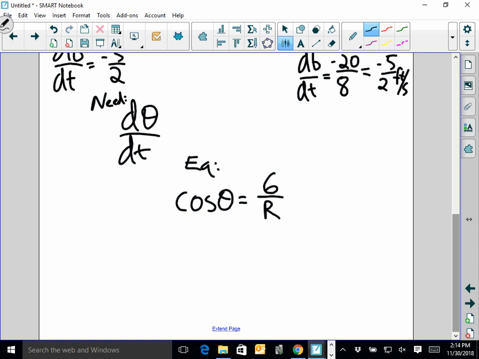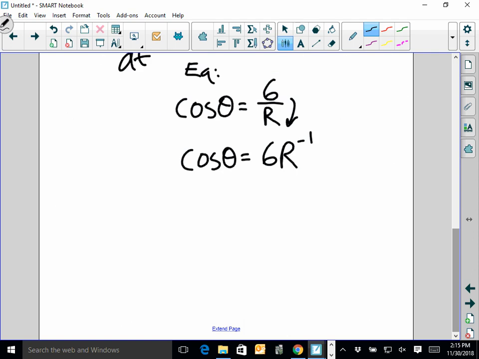Before I do a derivative, I'm going to write this. This flips to this. Makes it way easier. Now it's an ax to the n form. I don't have to do a quotient rule. You can still do a quotient rule if you want. This just makes it a lot easier. So the derivative of cosine theta, we have to remember, is negative sine theta. And then I'm going to tack on d theta dt.